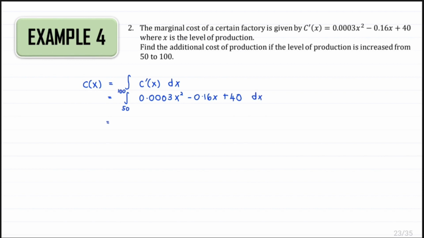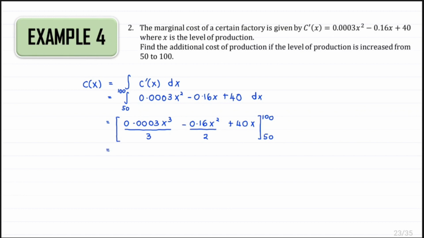Then we integrate, we get 0.0003x³ over 3 minus 0.16x² over 2 plus 40x, from 50 to 100. We simplify, we get 0.0001x³ minus 0.08x² plus 40x.